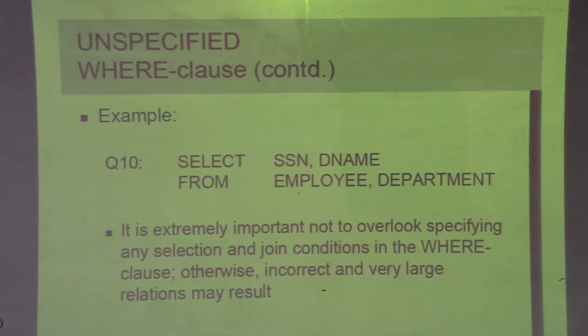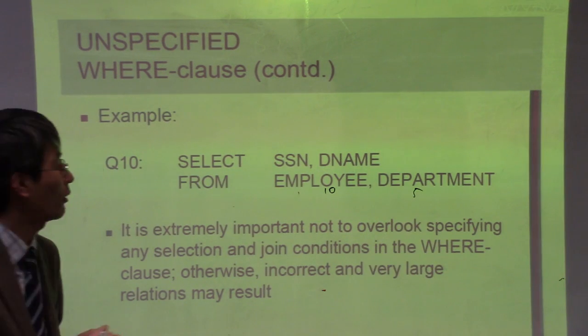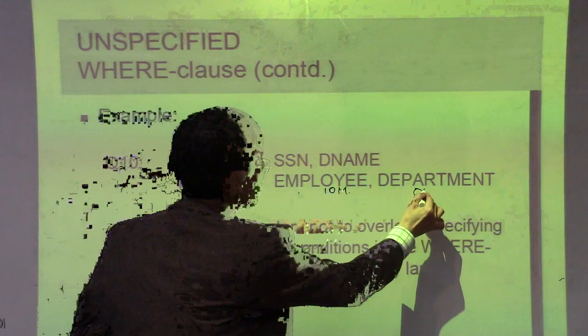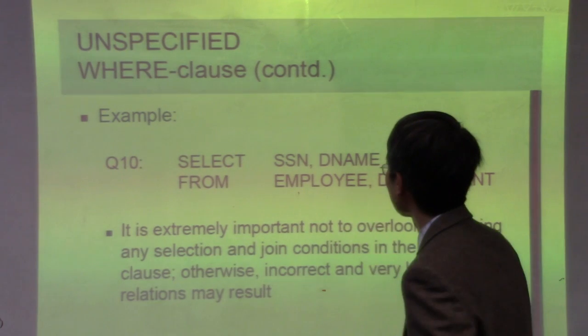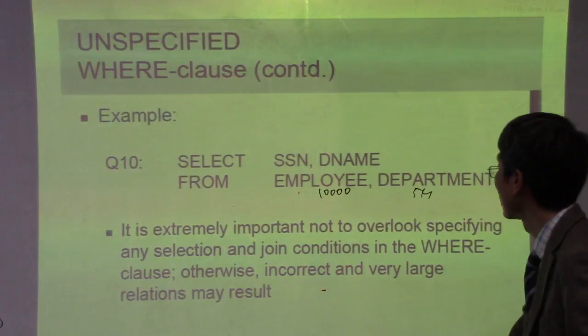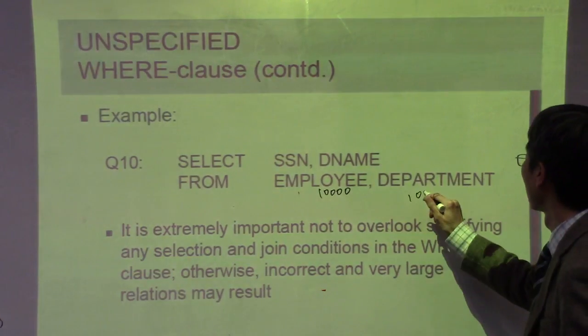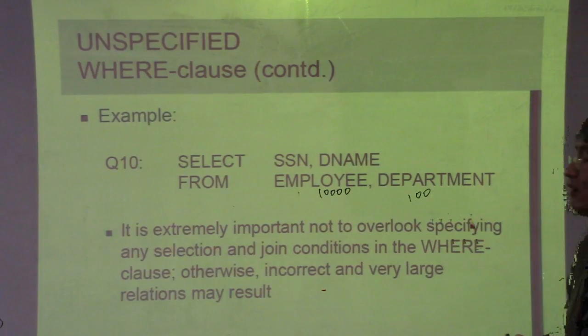How many data will be returned? So let's say we have 10 employees, 5 departments. How many? 50. What if 10 million, 5 million? Too extreme. 10,000 employees and 100 departments. A million.